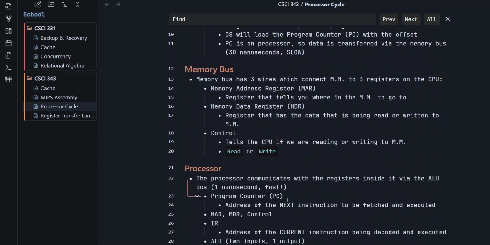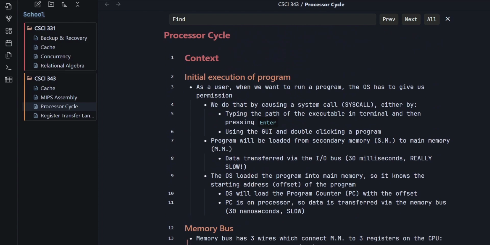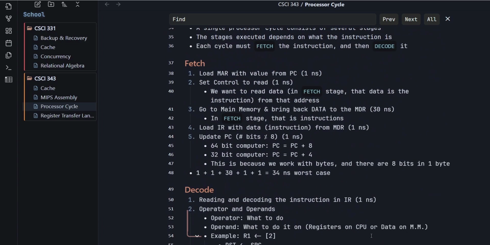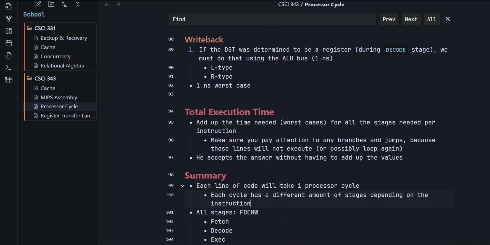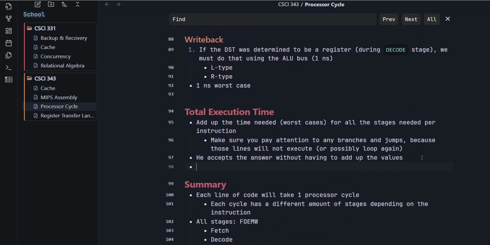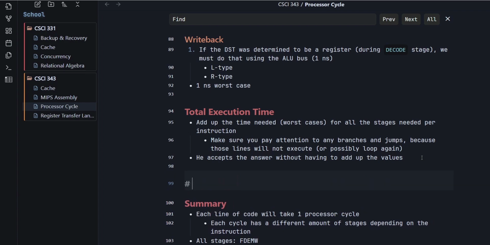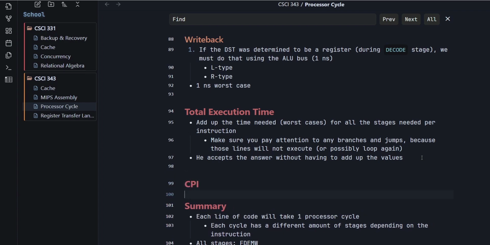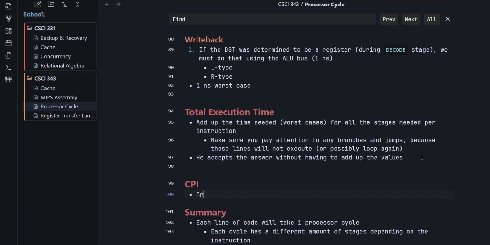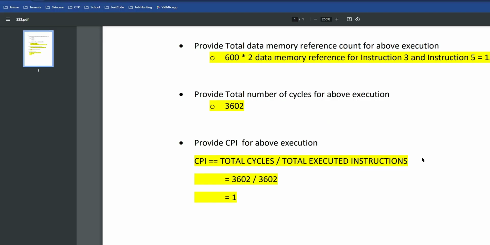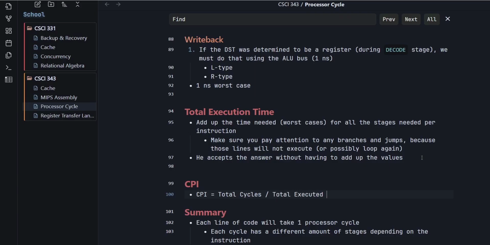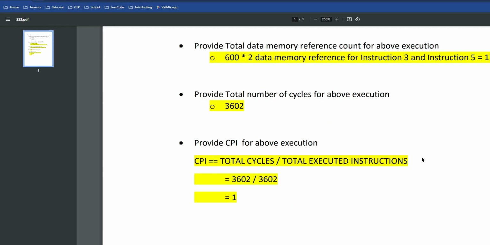It's not related to anything. CPI equals total cycles divided by total executed instructions. Okay.